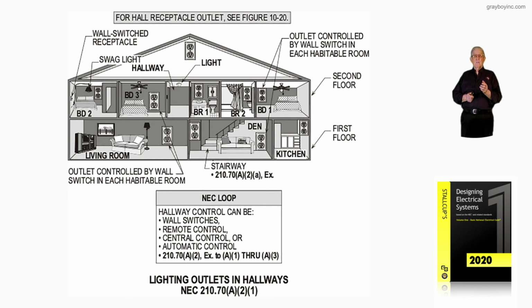But notice we still show receptacles and lights in each room, but we're just showing one so that it doesn't get so busy that you can't tell what this section is really calling for. So hallway and hallways, if you have more than one, would be in accordance with 210.70 A2 item 1, and that's what our figure 11-9 is illustrating.